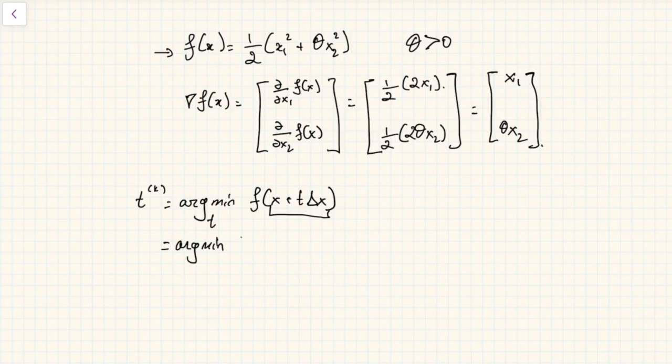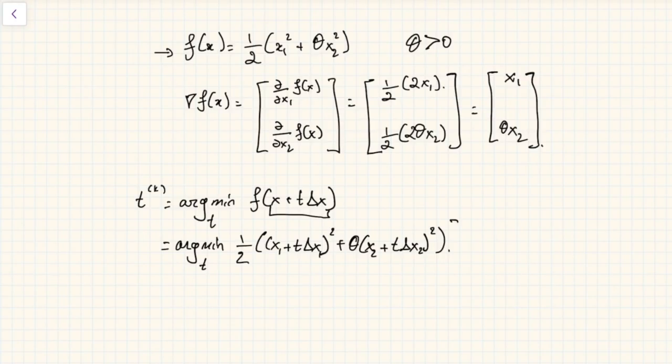What you get is (x1 + t Δx1) squared plus theta times (x2 + t Δx2) squared. Minimizing this is equivalent to setting the gradient to 0.